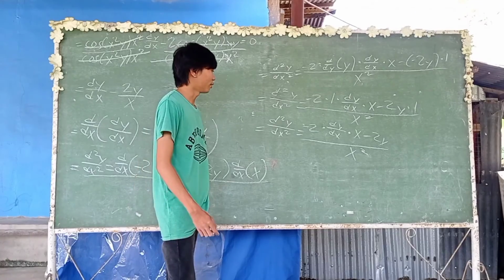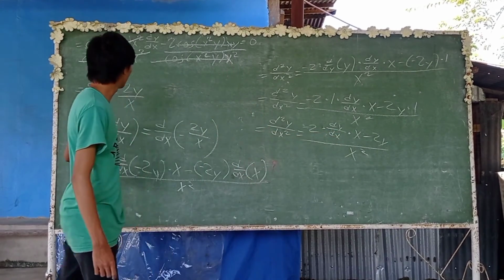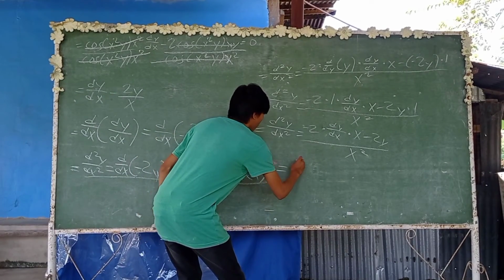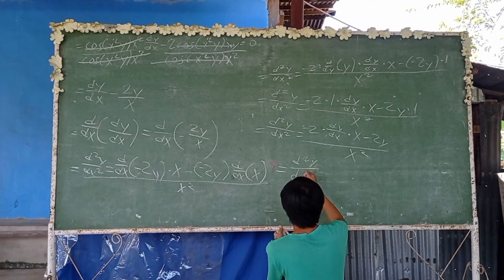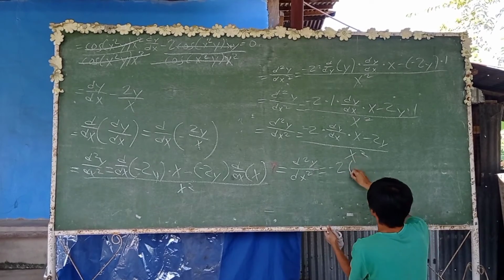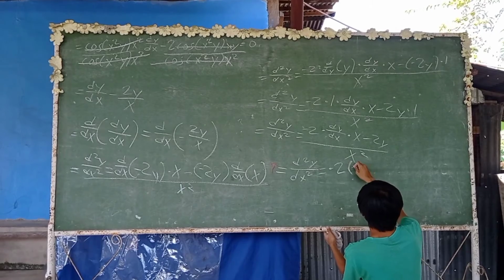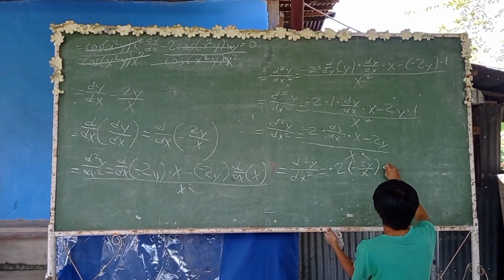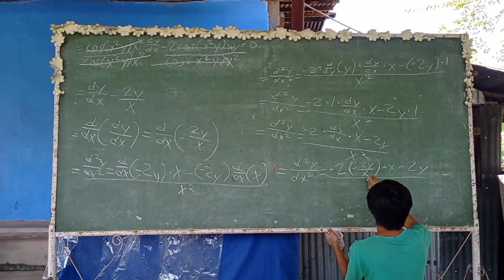And the next process is substitute dy over dx with negative 2y over x. So d squared y over dx squared is equal to negative 2 times negative 2y over x times x, minus 2y, all over x squared.